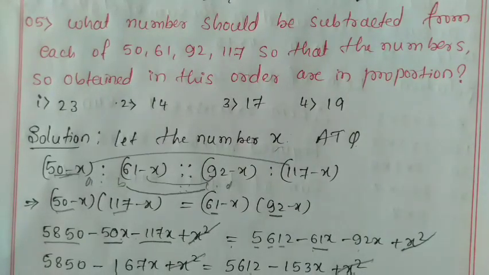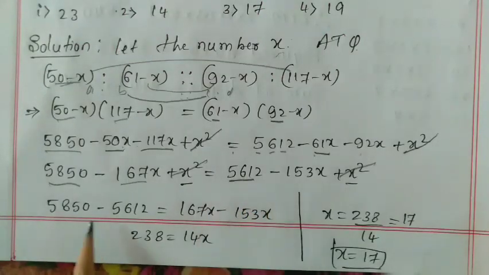Okay, you can cancel this x square from left hand side and right hand side. Okay, so you can bring this 5612 this side, then this becomes plus, right? You can bring this one this side, then this becomes minus. Okay, 5850 minus 5612, its difference is 238, you can write as it is, and 167x minus 153x, its difference is 14x.